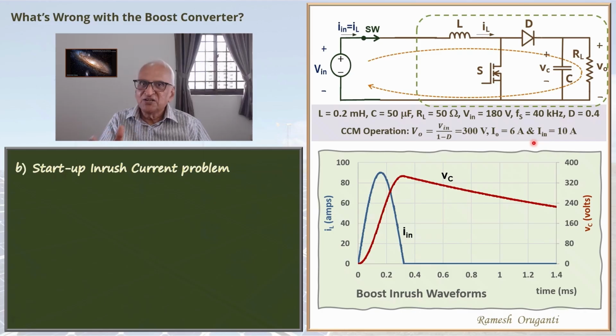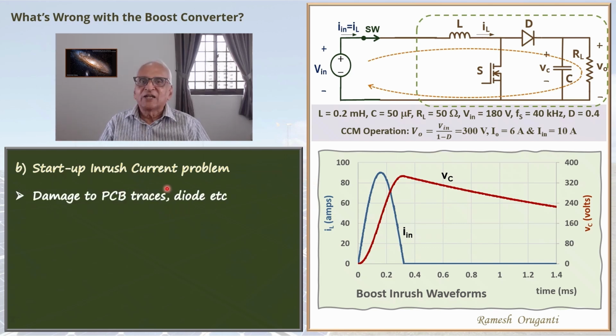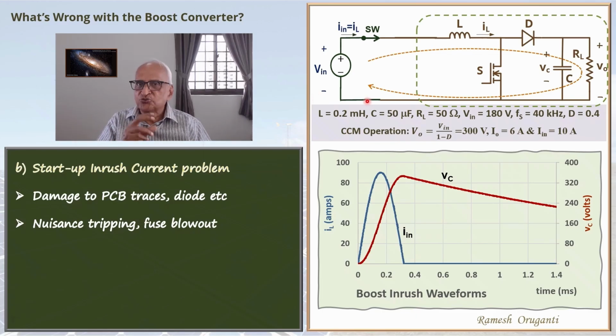This heavy inrush current can be a problem. One problem can be the damage to PCB traces, diode, etc. Another problem can be the nuisance tripping of any circuit breaker or blowing out of any fuse on the input side. A third problem can occur particularly when the input voltage is current limited. If the input voltage source has a current limit, then it will not allow such a large inrush current to flow.